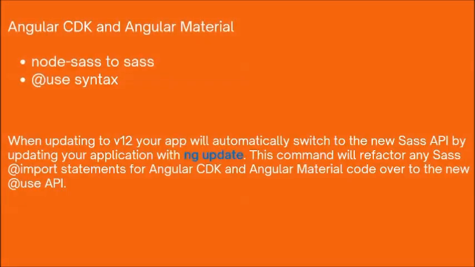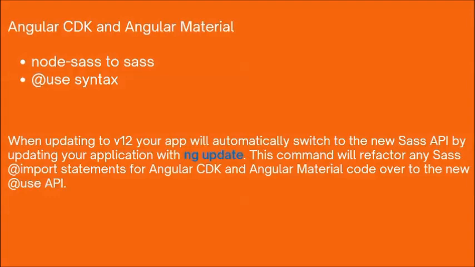If you are using Angular CDK and Angular Material framework in your application, then here are some updates. There is no longer support for the Node Sass package on npm, and they now use the Sass npm package. And one more update is that the import syntax can be replaced with the use syntax.